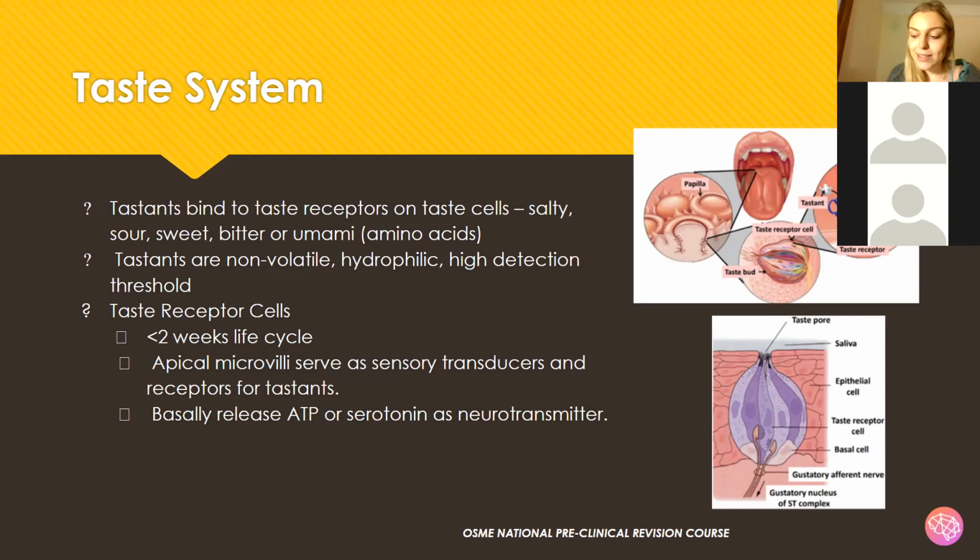But it's generally considered that taste receptor cells will express one family of taste receptors, and then these are all connected to afferents that are specific for the receptors expressed. So a lot like the olfactory system, specificity in receptors, and then this is summated as we go further on.